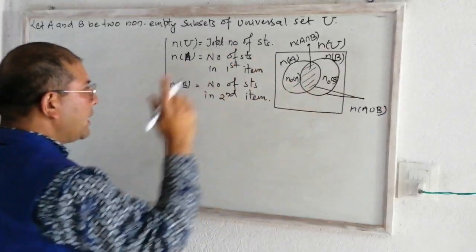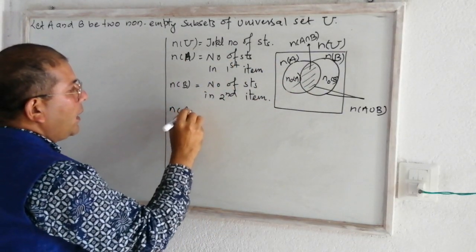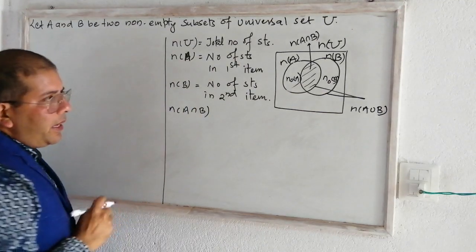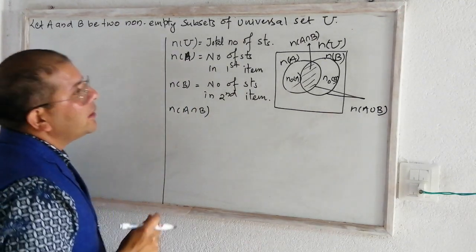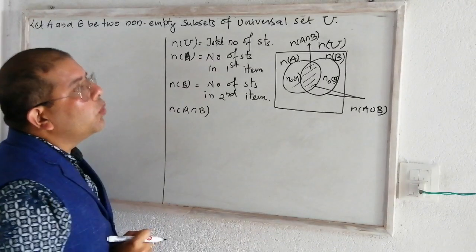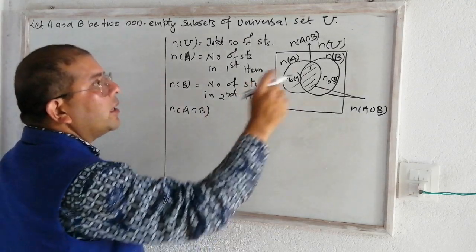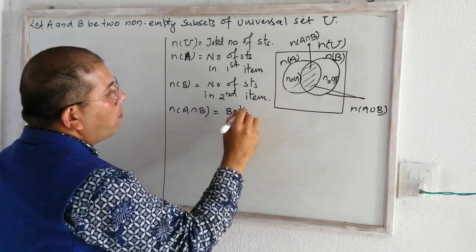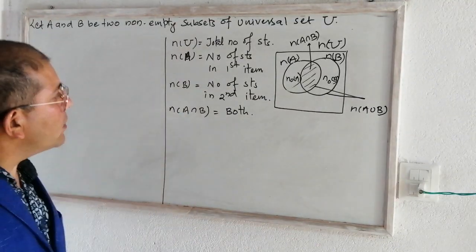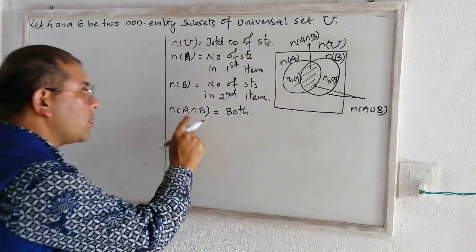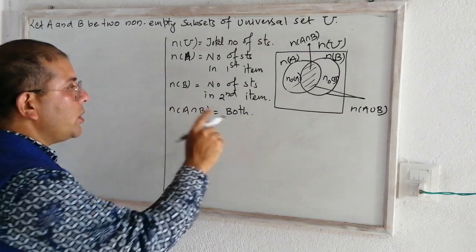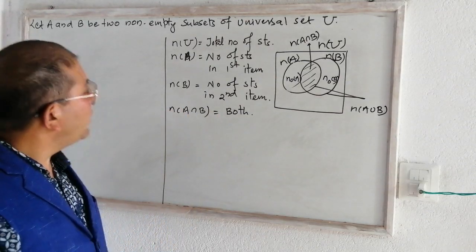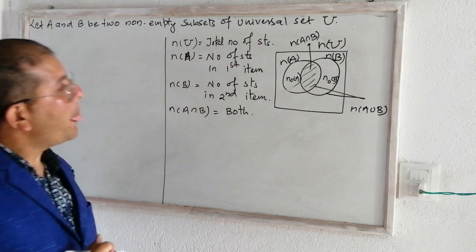And this portion is n of A intersection B. It is the number of students who like both items. Don't forget, in your equation, if there is the term both, then you can use intersection.